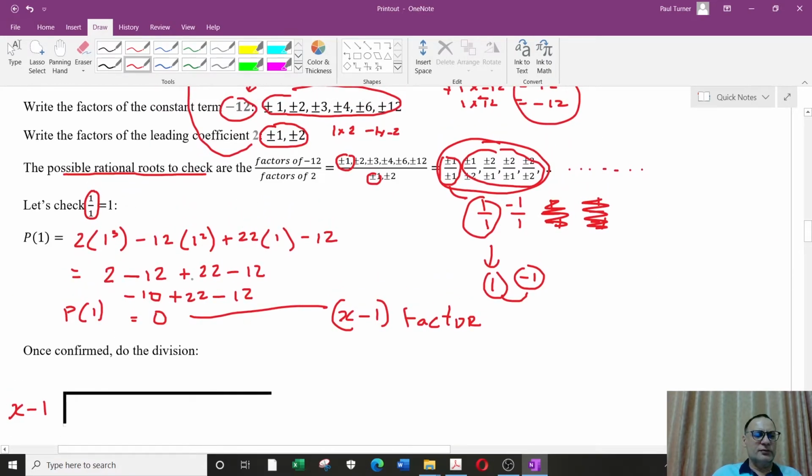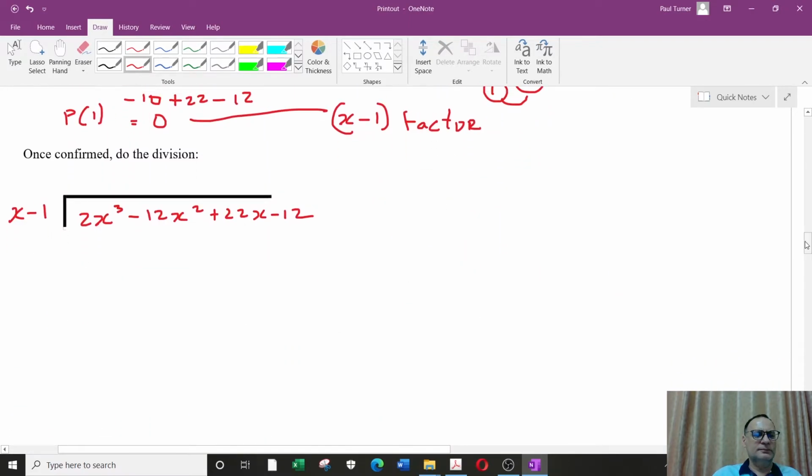which was what we get from here. So 2x cubed minus 12 times x squared plus 22x minus 12. Let's see how it goes. So as before, this will be 2x squared times x, 2x cubed. 2x squared times minus 1, minus 2x squared.